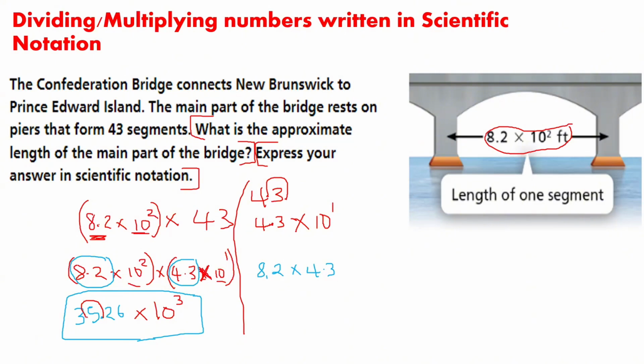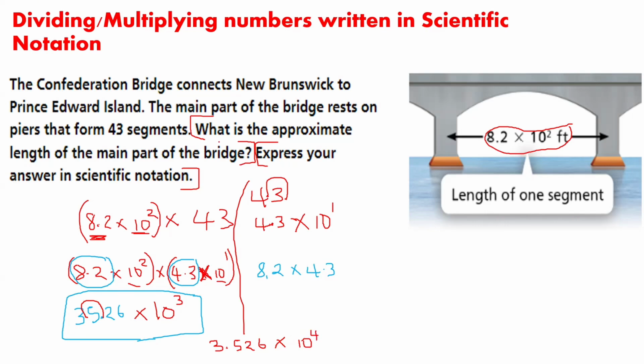If I move my decimal place one place to the left, it's going to be 3.526. Now, this factor here is less than 10. But remember, once you move the decimal point, the exponent is going to increase. If we move it one place to the left, the exponent is going to increase by 1. So instead of 3 there, it is going to be 4. So this is now our solution.